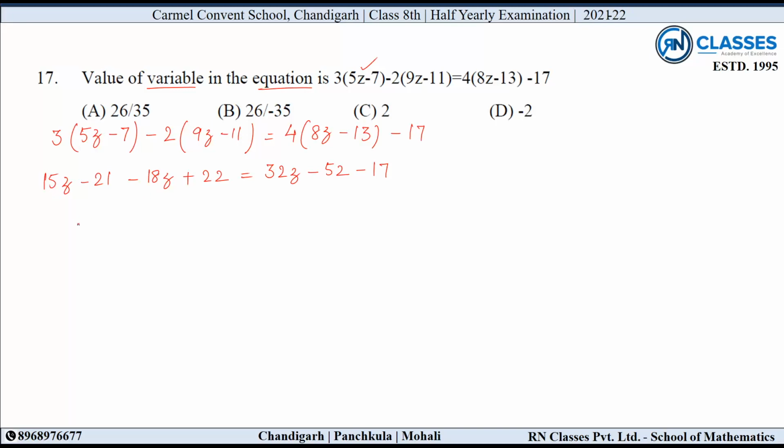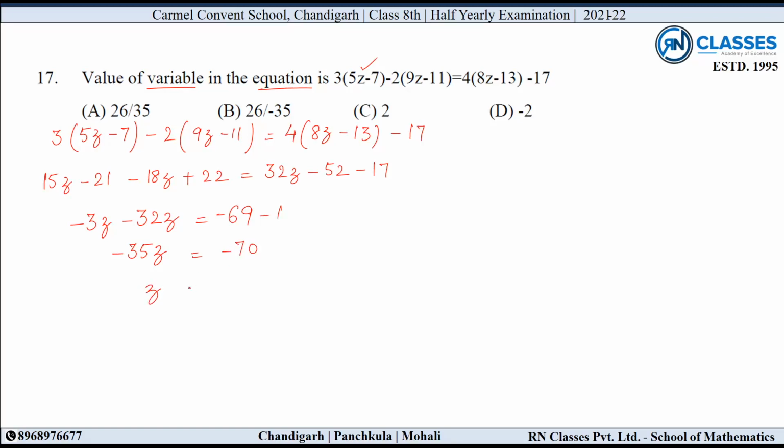15z minus 18z is minus 3z minus 32z. Right? Minus 52 minus 17, 9 and 6, negative. Minus 69, minus 21 plus 22, other side it would be minus 1. So minus 35z is equal to minus 70.